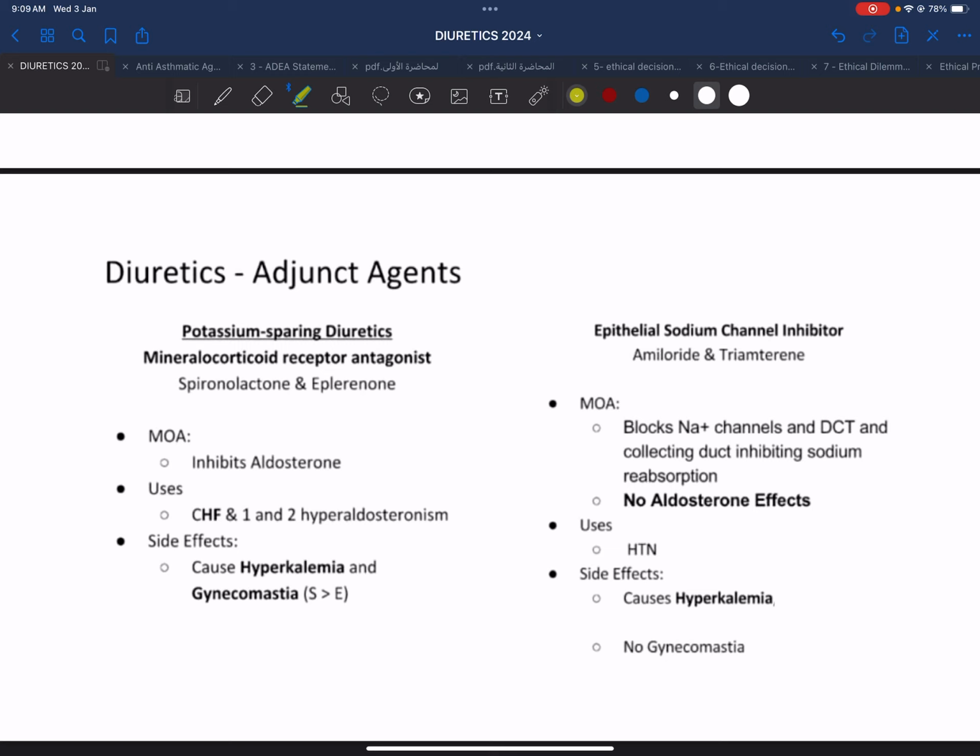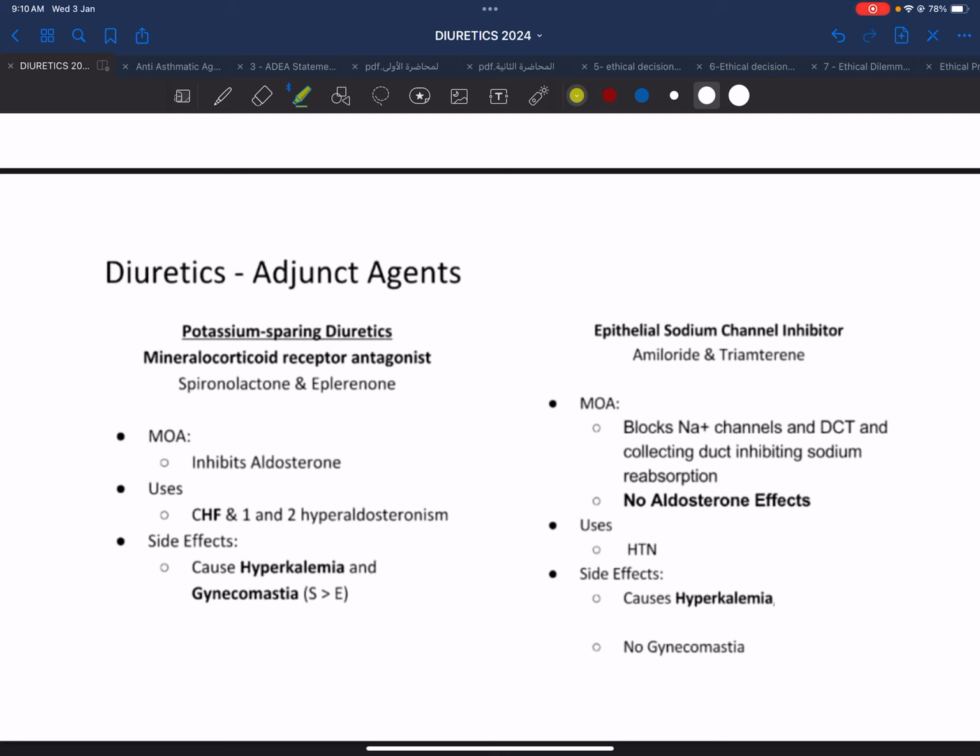Sodium is important. Okay? When sodium is retained in the body, what else will be retained? Water. Sodium retains, water retains. Sodium goes, water goes. So in general, even if we don't use any drug, the body is producing aldosterone.